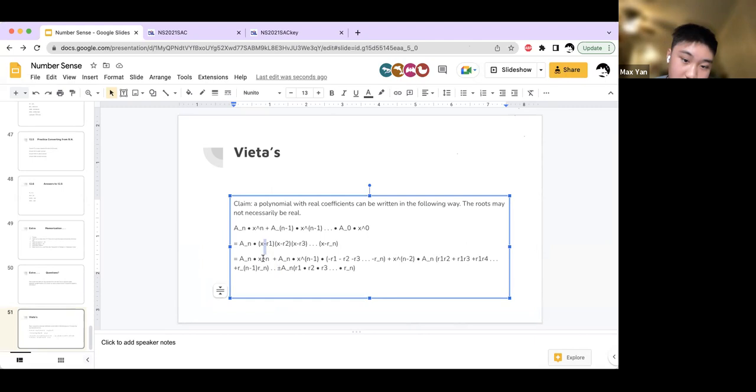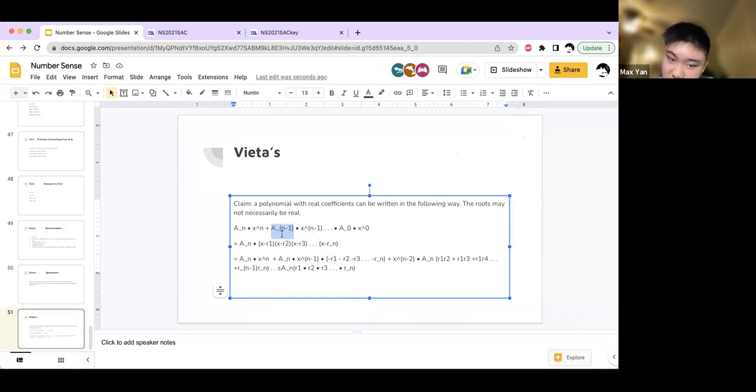So then you compare these terms, and because of a certain property of polynomials, you know that this has to be equal to this. In other words, a_n times the negative sum is a_(n-1).